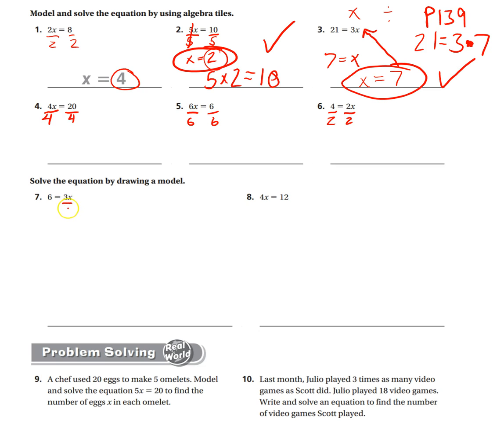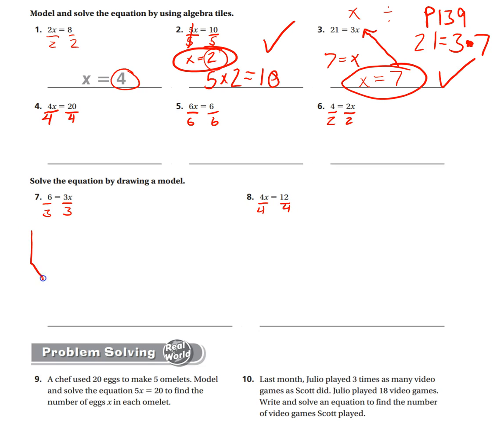But essentially what I'm going to be doing is dividing both sides by 3 because the coefficient is 3. And the operation is multiplication, so I want to do the opposite of that. Here the operation is multiplication, so I want to divide. What do I divide by? That coefficient. So essentially that's what I'm doing.